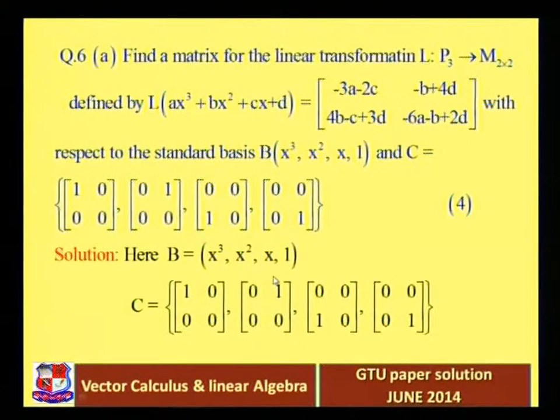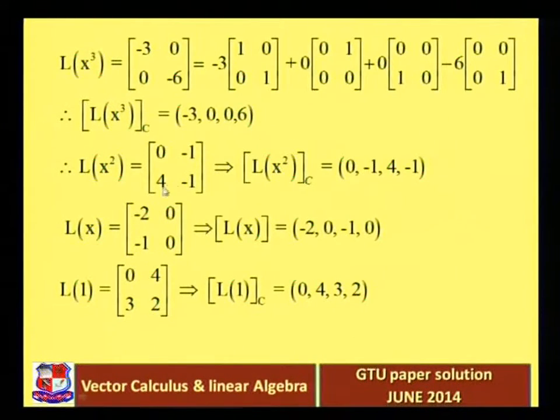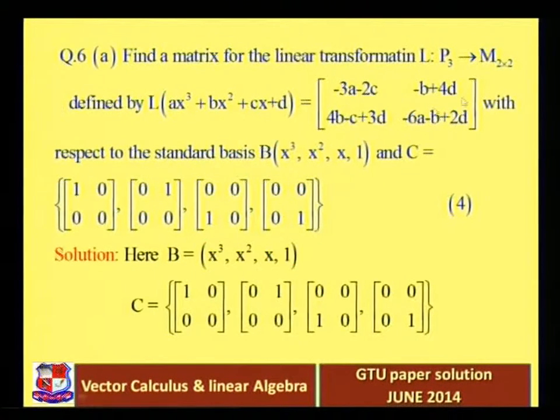Similarly, we can find L of x square. In that case, A, C and D are 0, B is 1. So put the right hand side in this definition, A, C and D are 0 and B is 1. So you will get 0, minus 1, 4, correct? 0, minus 1, 4 and minus 1, because here is also B, right?